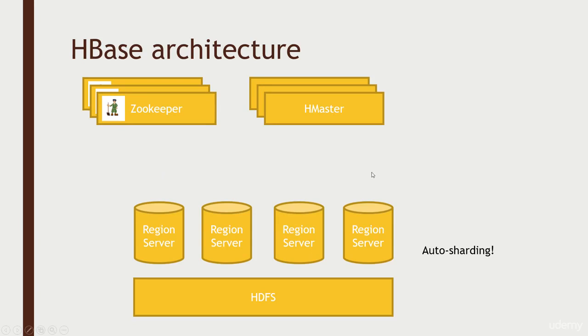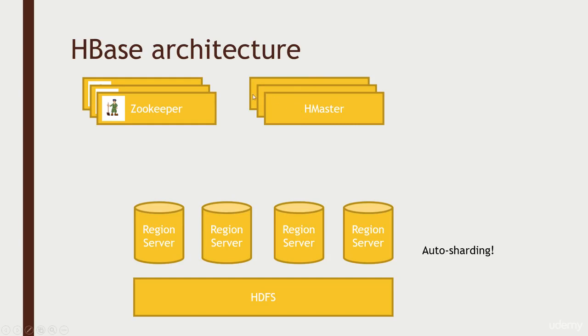Now, when you have an application that's actually talking to HBase, say a web application or a web server, it's not actually going to talk to these master nodes up here directly. It's going to be talking to region servers directly. But these master servers up here are what keep track of the actual schema of your data, where things are actually stored, how they're partitioned. This doesn't have to get queried very often, so it's not really going to be a bottleneck, but it is sort of like the mastermind of your HBase cluster that knows where everything is.